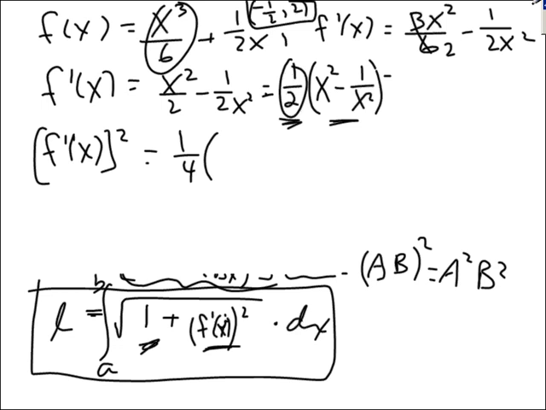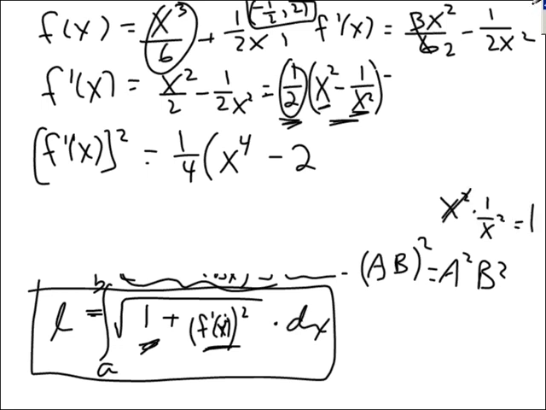And when you square what's inside the bracket, you get the first squared, I like to call this the first and that the second, the second being 1 over x squared. You get the first squared, which is x squared squared, which is x to the 4th, minus 2 times the first times the second.